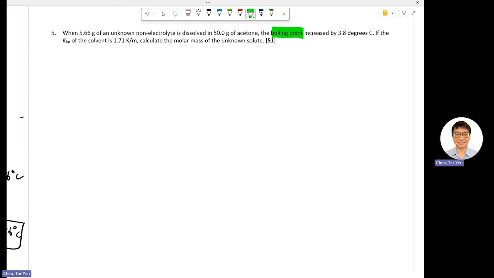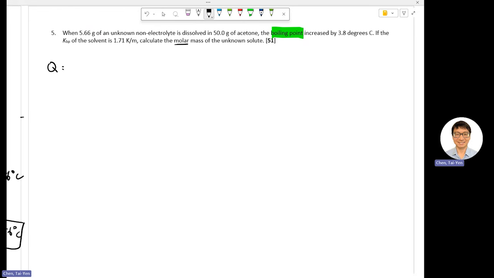Since boiling point is your keyword, you have to use exactly the same equation that we used in the previous question: delta Tb equals i times K times m.